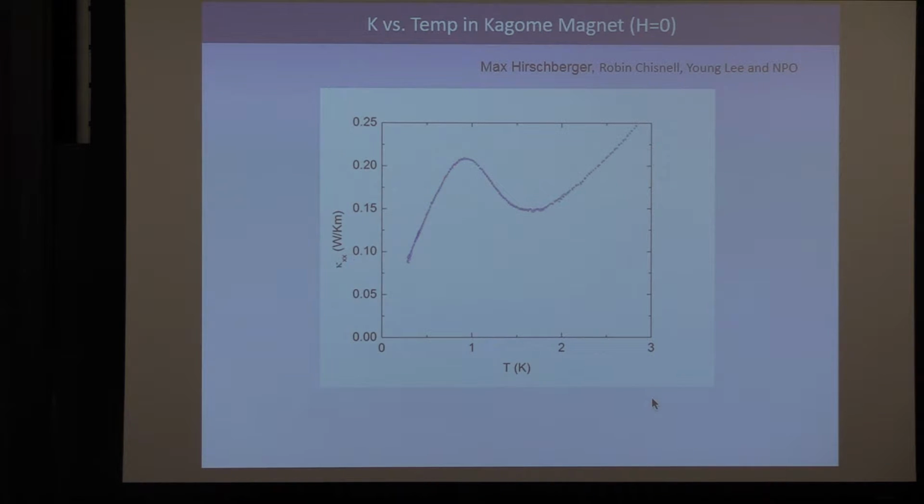So if you look at the thermal conductivity, it again shows this very interesting change when the system orders at 2 Kelvin. Then you see a big enhancement of the thermal conductivity. And this is very likely the spins, right? Because now you form spin waves with the rigid spring constant, and therefore it carries a lot of heat.